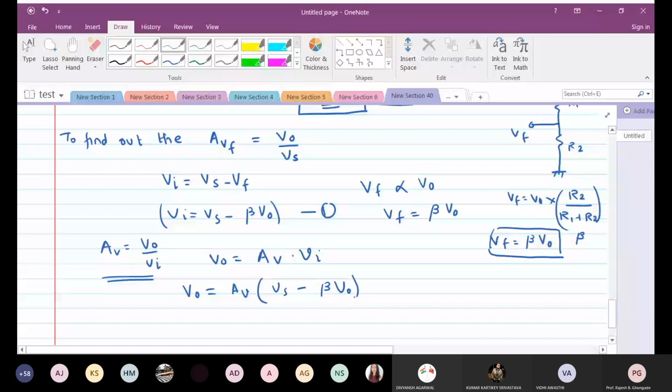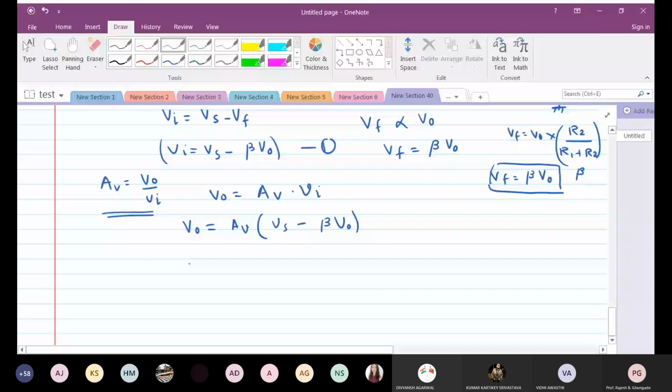You can write this as VO equals AV into VS minus A beta into VO. Or if I transpose this on the left hand side, VO into 1 plus A beta is equal to AV times VS. Is that okay?